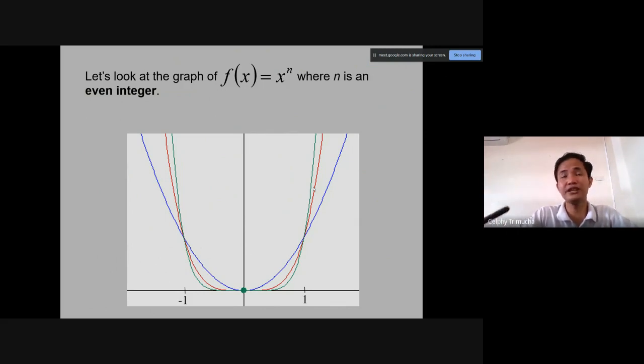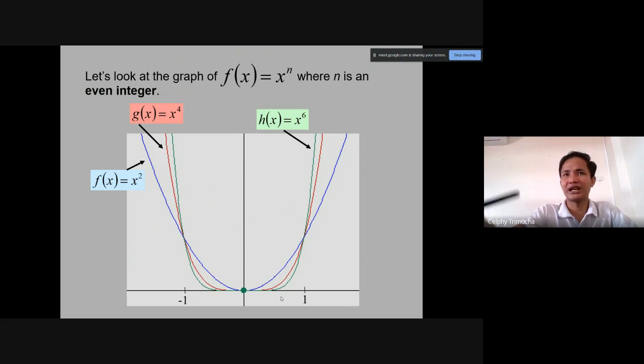So if even ang aton nga exponent, ang itsura sa aton nga graph is pointing upward kag daw amo niya itsura daw letter U ang aton nga graph. So this one may tatlo ka type of graph. So take note lang kung anong ma-observe naton sa siniga graph. We have ang color blue, so we have x squared. For the color red na graph, we have x to the fourth and we have x to the sixth para sa aton nga green na graph.